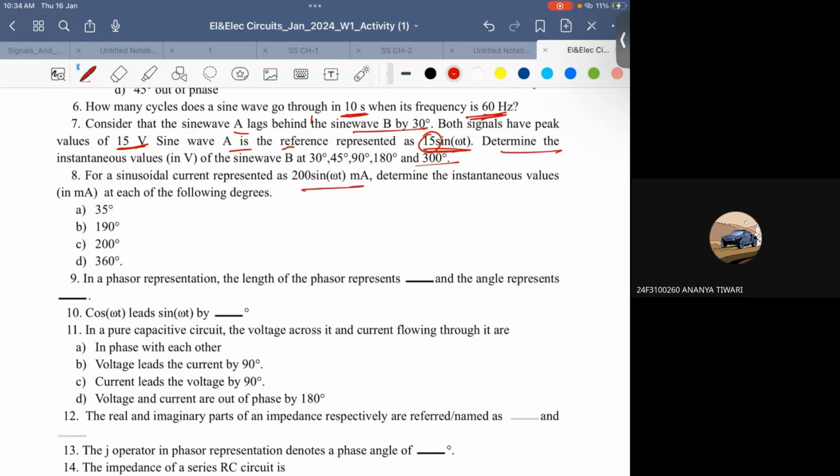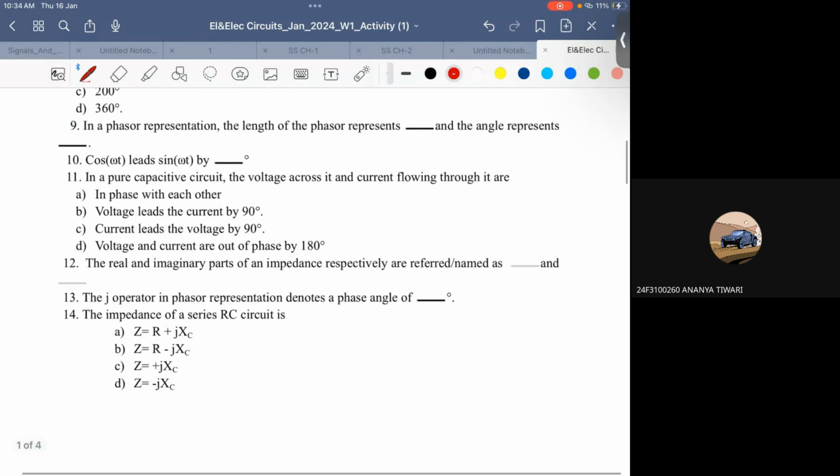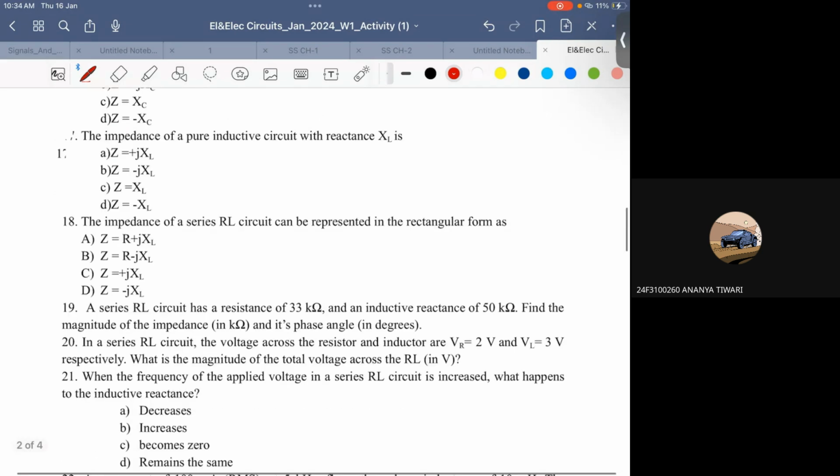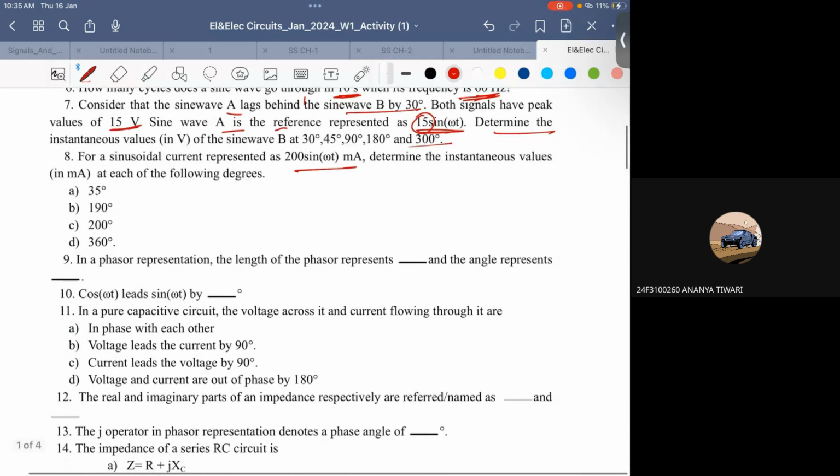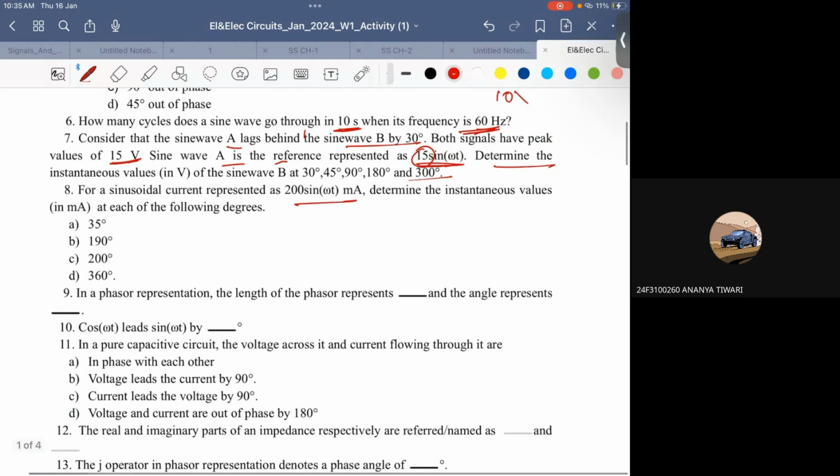Now the ninth question. I'm going a bit faster because we'll try to finish all the questions and then go to the practice also. In the next session, you try to solve all the practice and graded questions. Wherever you are facing issues, we'll discuss that, and any other doubts you have.